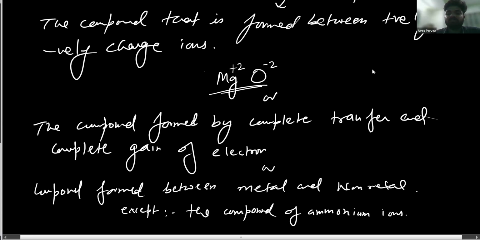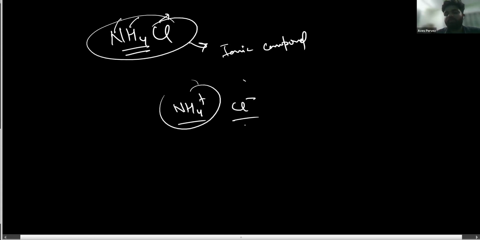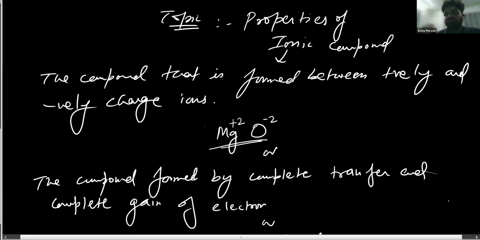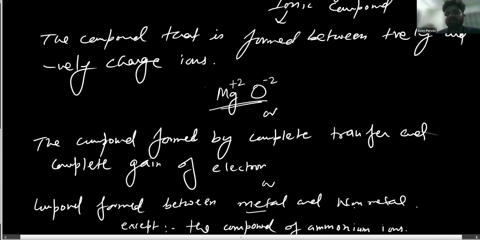For example, ammonium chloride: nitrogen is a non-metal, hydrogen is a non-metal, chlorine is a non-metal, but it is an ionic compound. This compound gets dissociated and forms NH4+ and Cl- ions. This is an ionic compound, but they are all non-metals, so this is an exception. Otherwise, generally, most ionic compounds are between metals and non-metals.